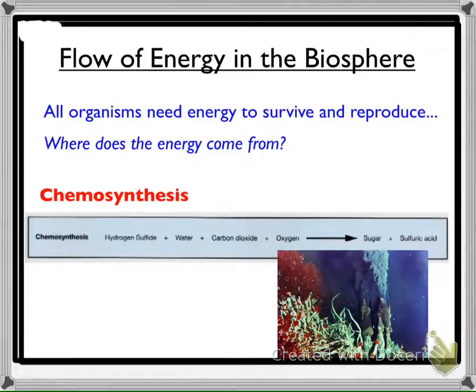So here is one of these deep ocean vents where chemosynthetic bacteria were discovered. And actually, they are bacteria that live inside these tube worms that produce this sugar, and the rest of the ecosystem is based off of the energy that's harnessed by those bacteria.